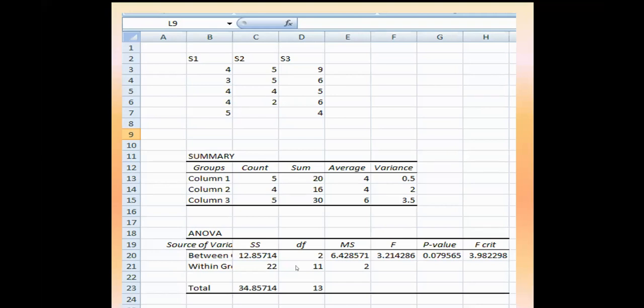S1, S2, S3 are actually pond 1, pond 2, pond 3. I have put exactly the same values here, and you can see the 3 columns, their counts are given. The sum of the first column was 20, second 16, third 30.